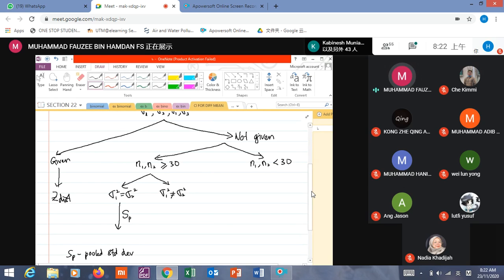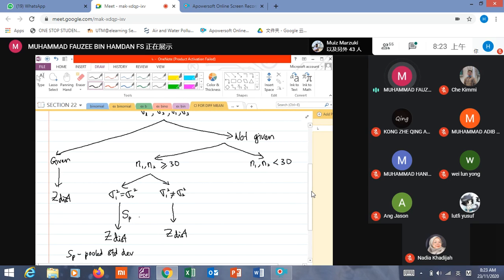You need to remember, most of the time, every time the variances we assume are equal, you need to calculate SP. So in this case, the distribution that you need to use is the Z distribution. But if there is no assumption that the variances are equal, you don't have to calculate SP. Directly you use the Z distribution.